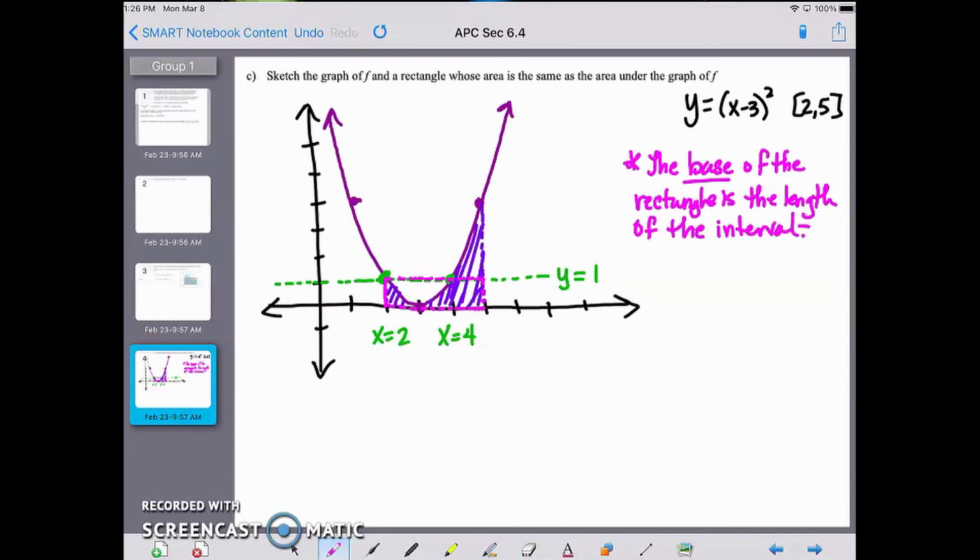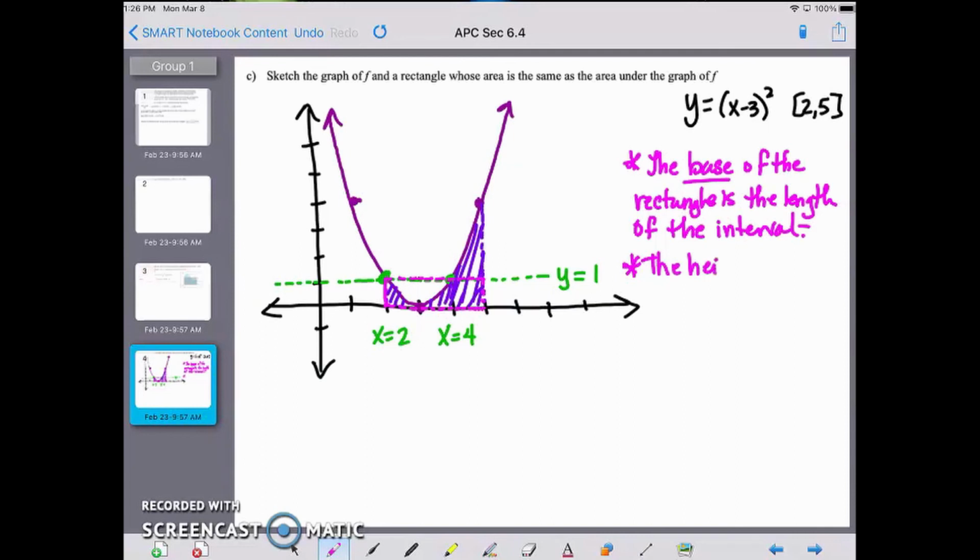And the height of the rectangle is our f average, which was equal to 1.